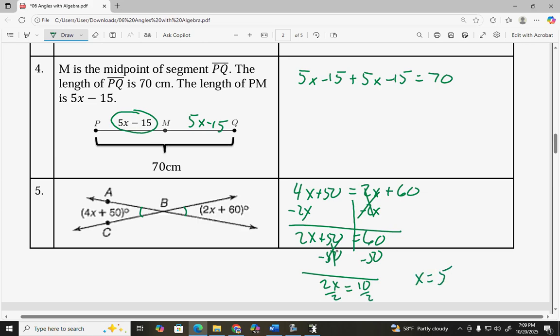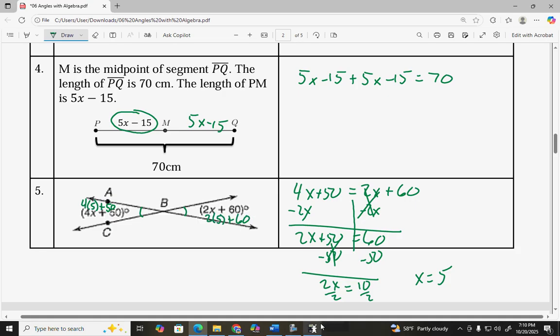Now, I think I'm right, but the only way of knowing is by plugging it in. I know that both angles are supposed to be the same, so I have to do 4 times 5 plus 50 and hope it equals 2 times 5 plus 60.